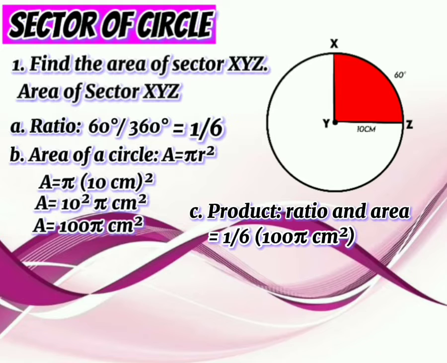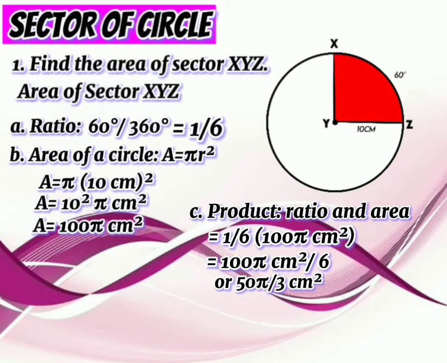It will become 100 pi square centimeters over the denominator 6, and then reduce to lowest terms if needed. So 100/6 can be simplified. A common factor is 2, so 100 divided by 2 is 50, and 6 divided by 2 is 3. 50 pi over 3 square centimeters. This is the area of sector XYZ.